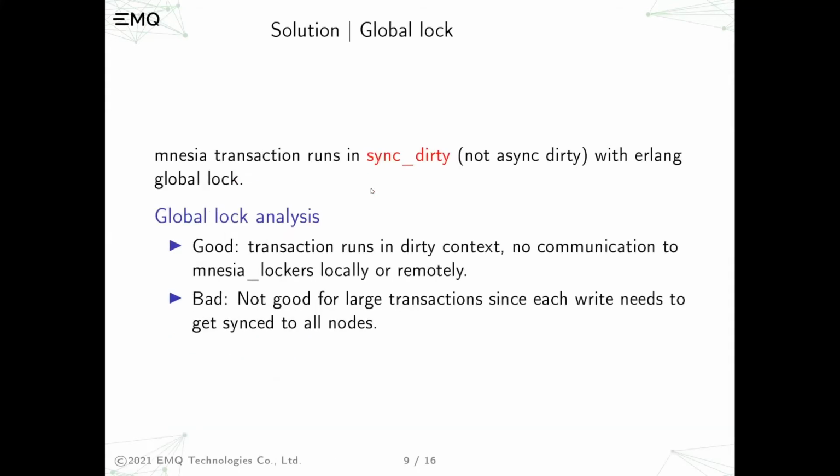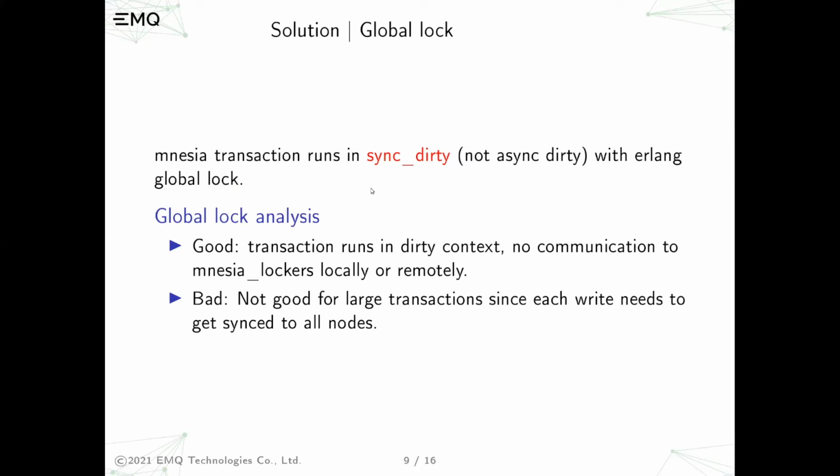Okay, the second approach is using global lock. Because when we use table lock, we find that even though we have fewer transaction restarts, the Mnesia locker on a single node is stressed. That's why we came up with the idea of using global lock.